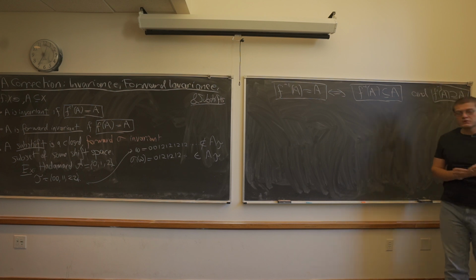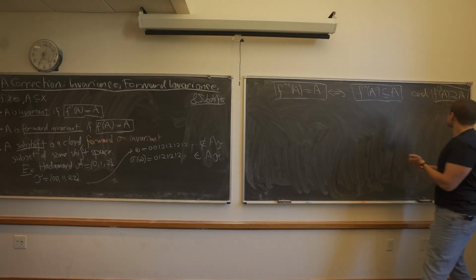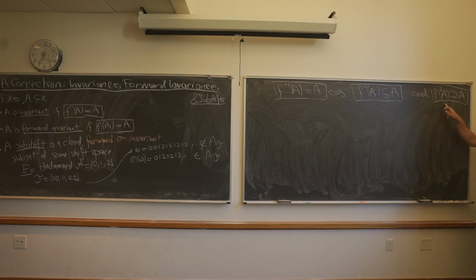Okay, so let's start with this. This says that if a is in A, that a has to be in the pre-image, which means that f of a gets back to A. So this is the condition.